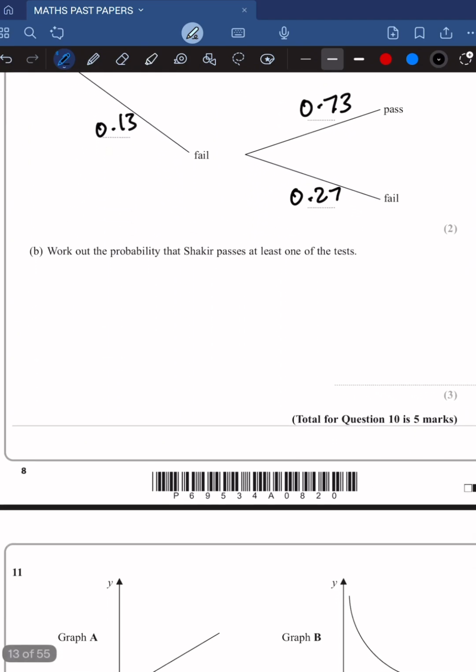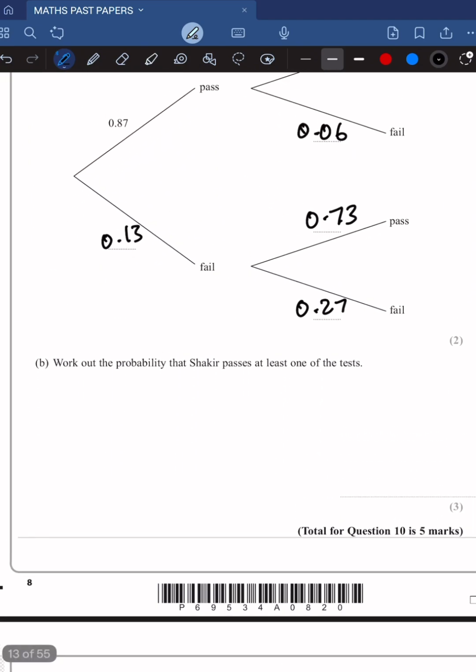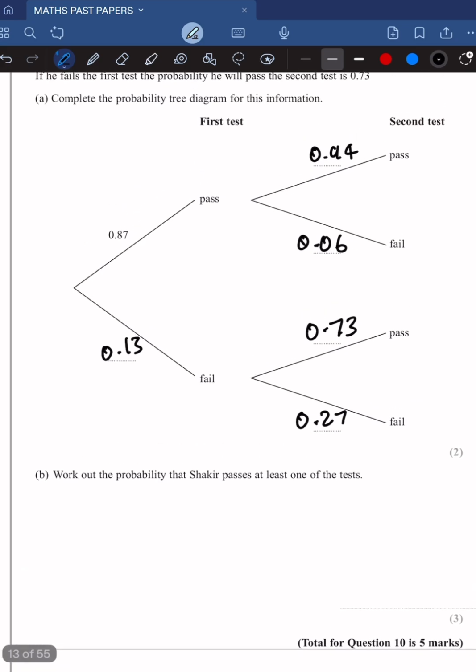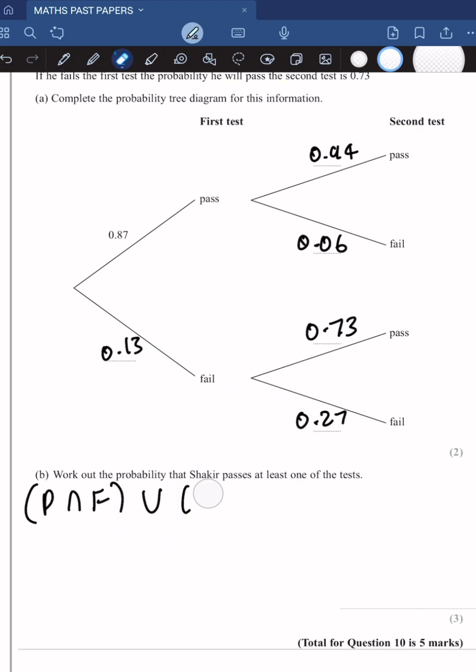Here's your marks. Work out the probability that Shakir passes at least one of the tests. So we can either pass and fail, or fail and pass.